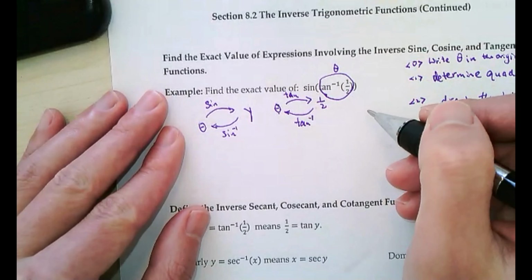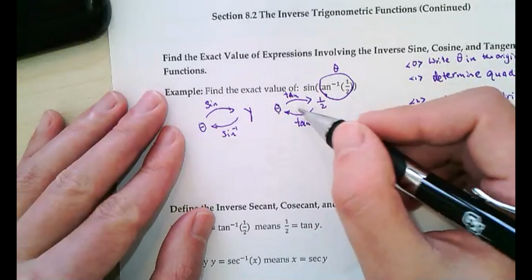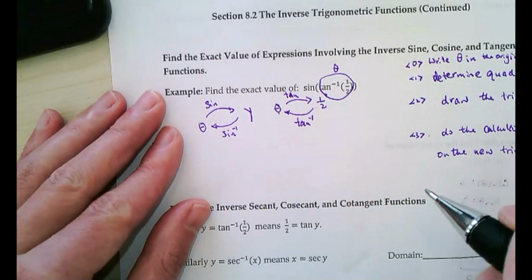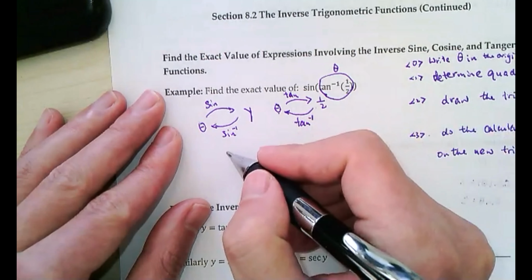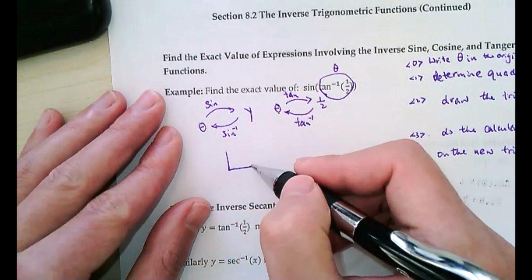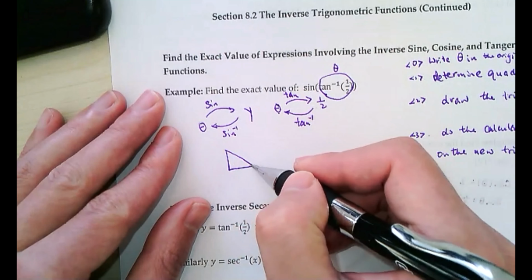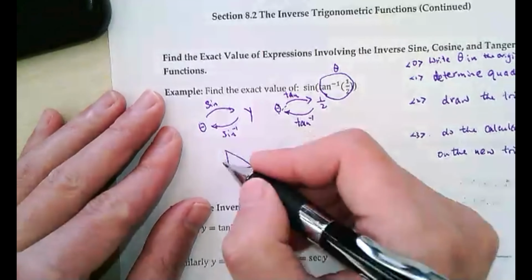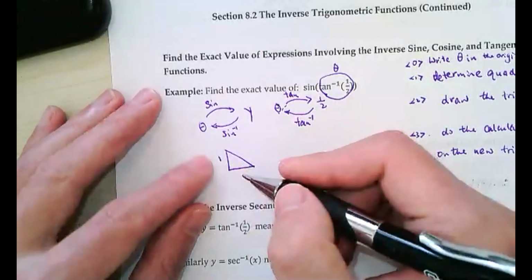So how can we find this angle? To find the angle, you have to create an imaginary triangle. Okay, so the tangent of this angle is 1/2. So if this side is 1, this side is 2, right?